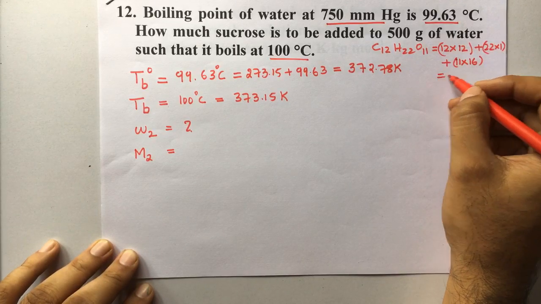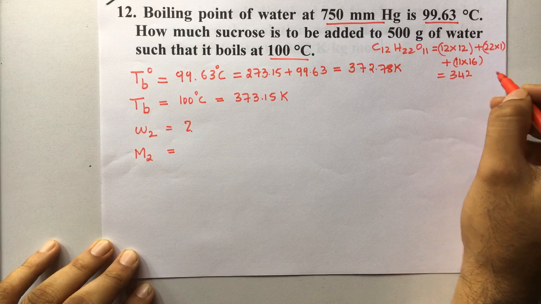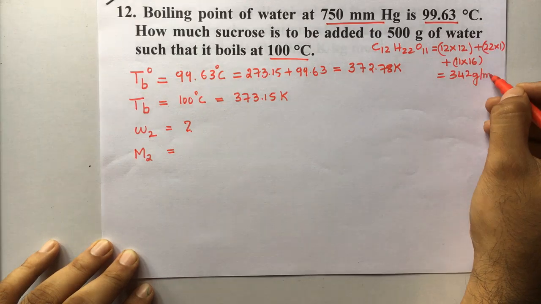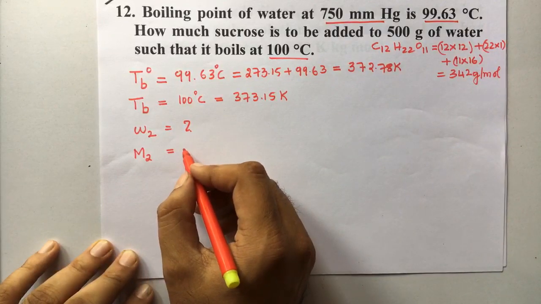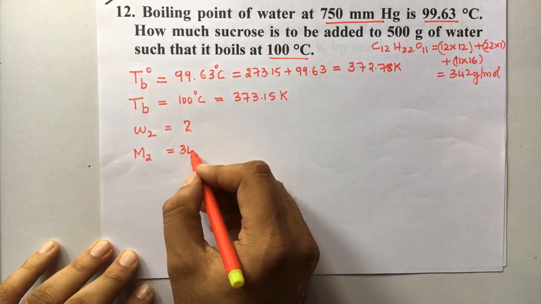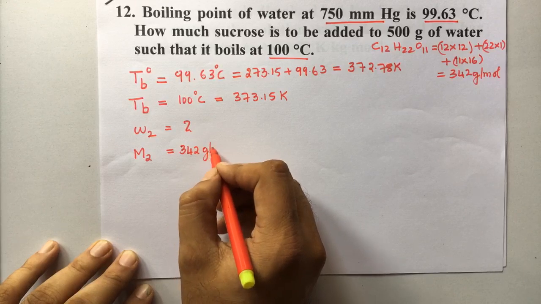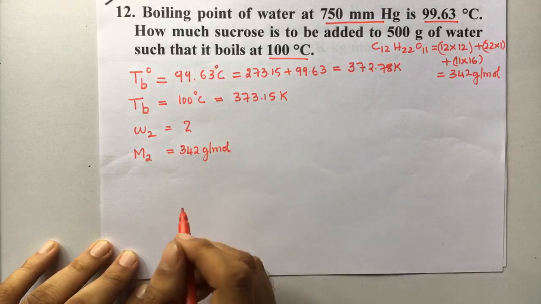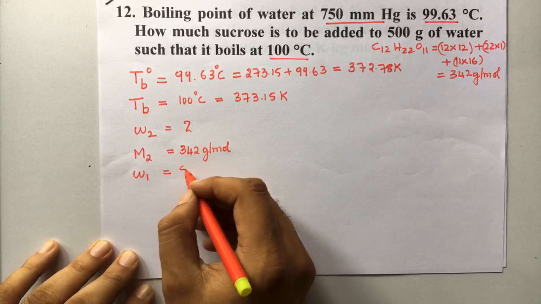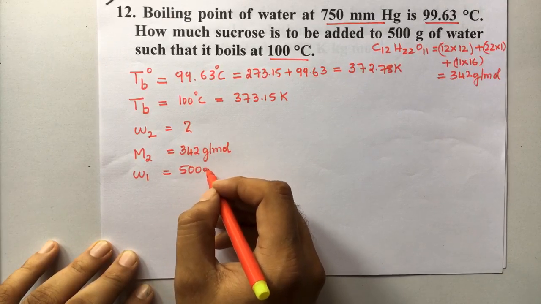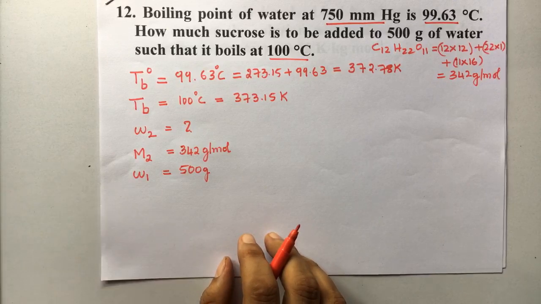Add this, and what you get is 342 gram per mole. So M2 is equal to 342 gram per mole. Then they have given it is dissolved in 500 grams of water, that is the solvent. W1 is equal to 500 grams.